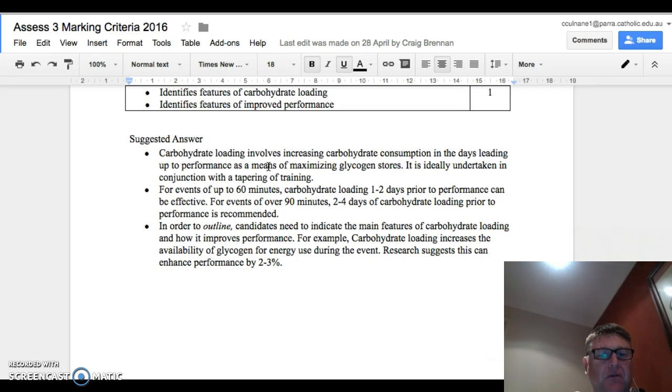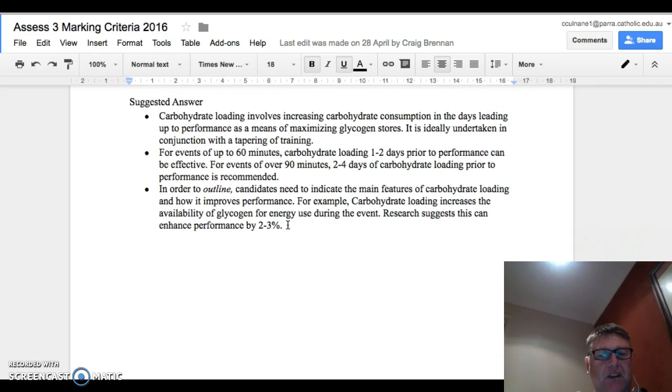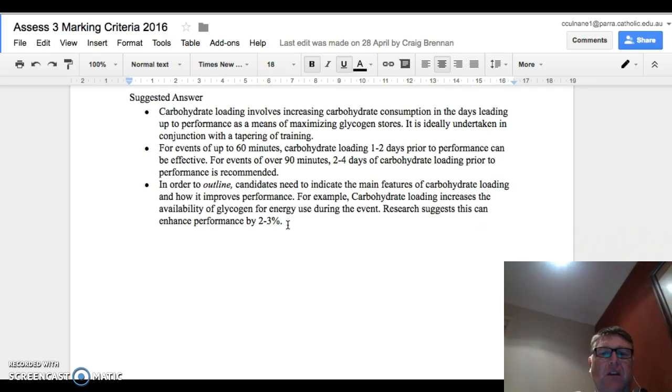Having said that, it would also be good if you could discuss the tapering effect of training, where you would decrease the training that last week prior to the event. Generally, carbohydrate loading is going to take place 2 to 4 days prior to the performance of the athlete. So those are the things there.